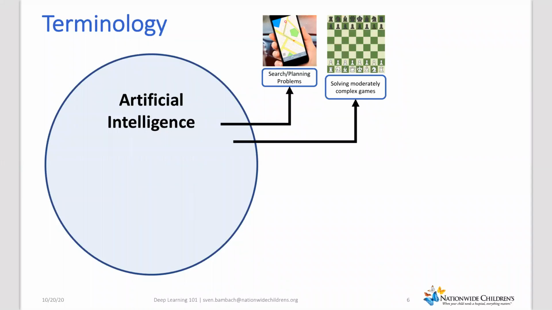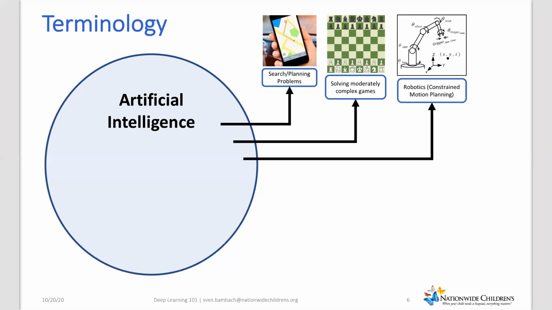Another example is solving games, moderately complex games like chess. You can actually use a very similar strategy here, where it essentially is also a planning problem. You have to kind of plan the best move or search for the best move in the face of having a lot of possible moves to come from. Again, classic AI problem in the computer science literature, but it has nothing to do with machine learning, at least traditionally.